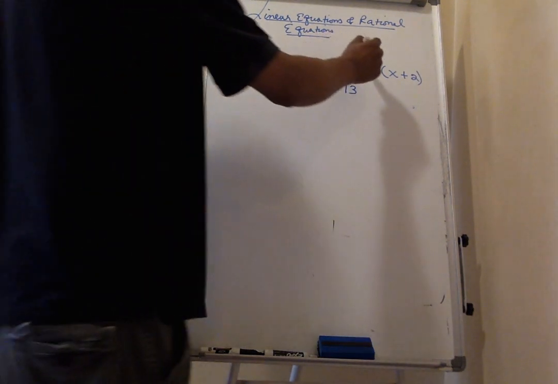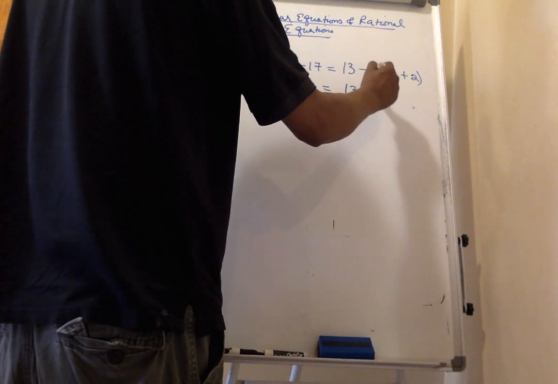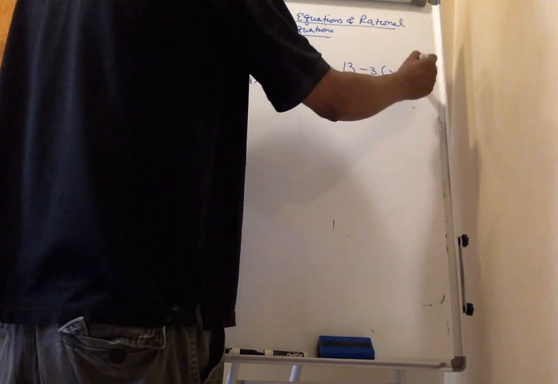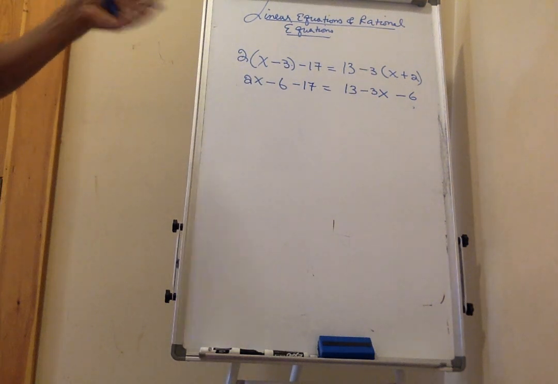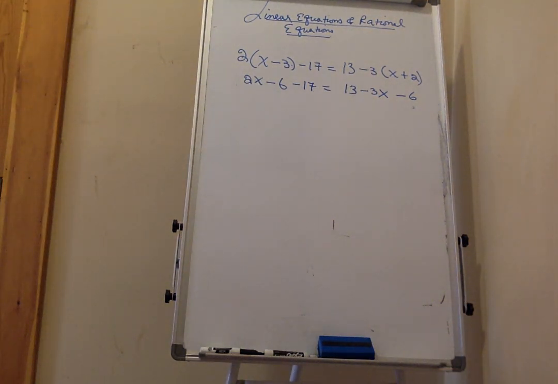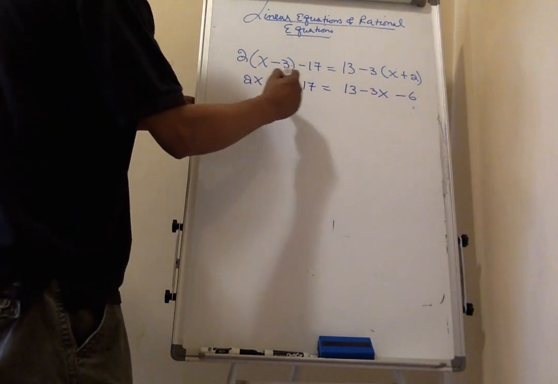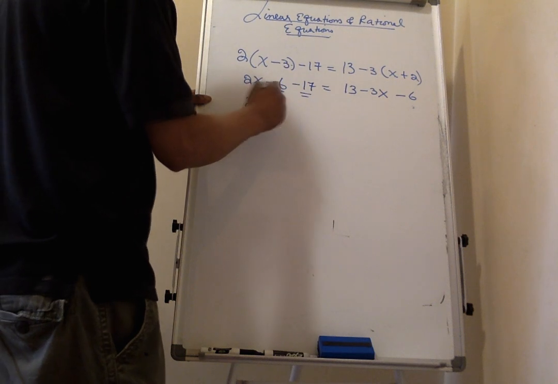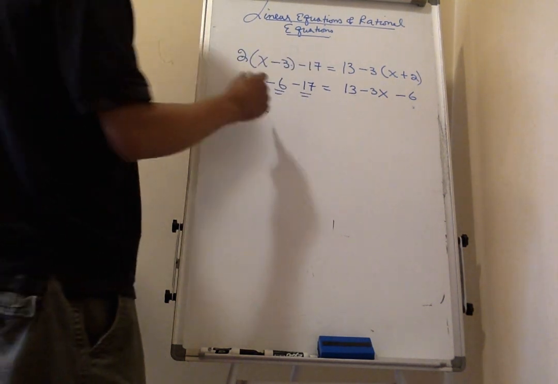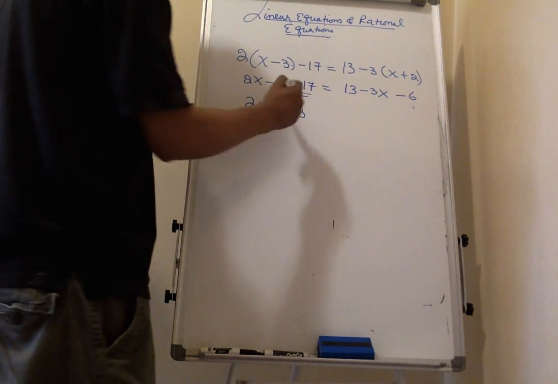So negative 3 times x will give you negative 3x, and negative 3 times 2 gives you negative 6. So once you get rid of the parentheses, now what you need to do is just combine like terms. So you have negative 6 and negative 17. So you have 2x, add them together, you end up with minus 23.